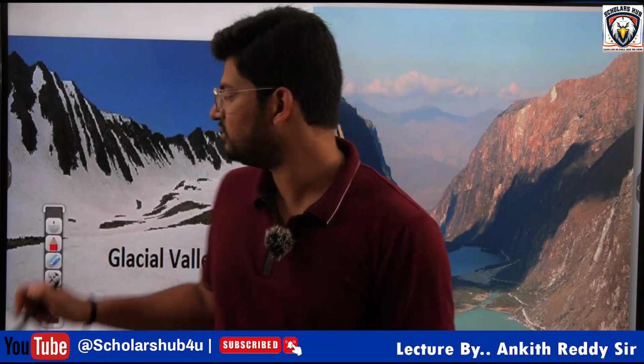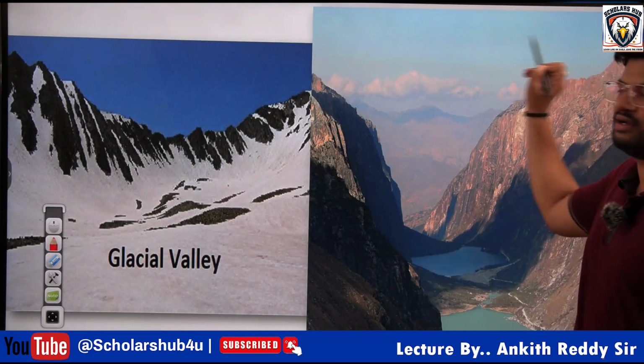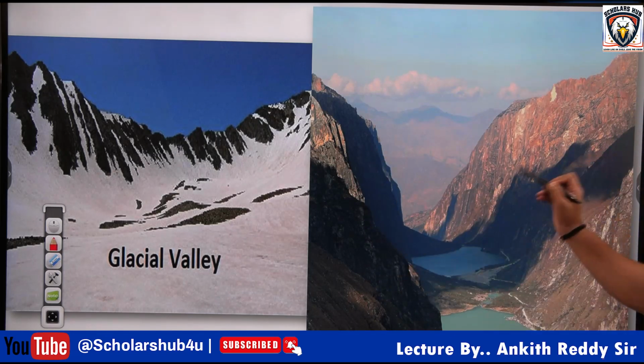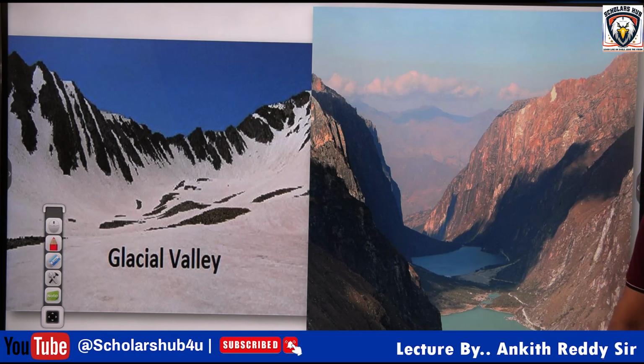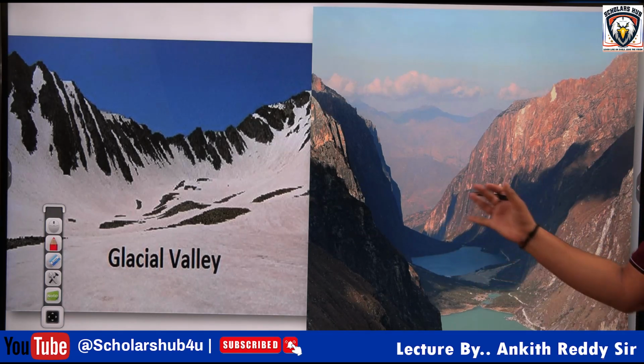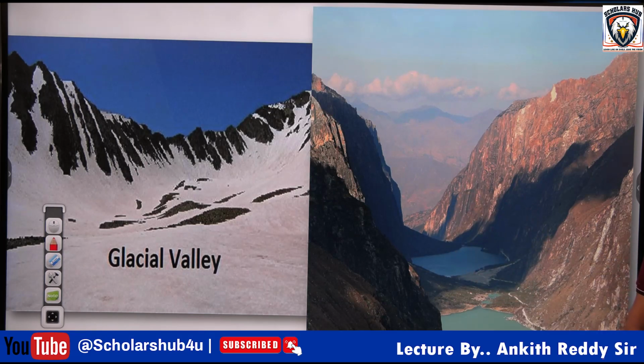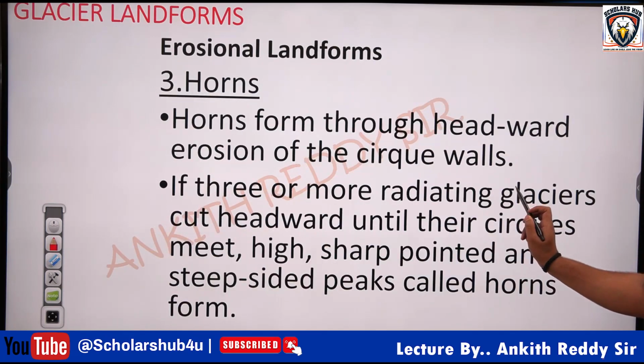Because of that you see U-shaped valleys. So U-shaped valleys are the best example of a glacial valley. Whenever the ice melts, it forms a lake also. Clear? U-shaped valleys.